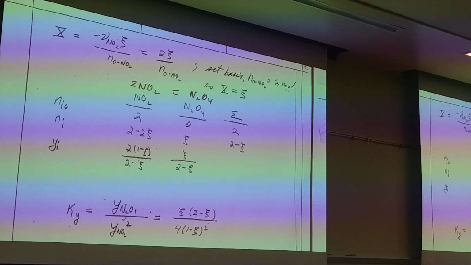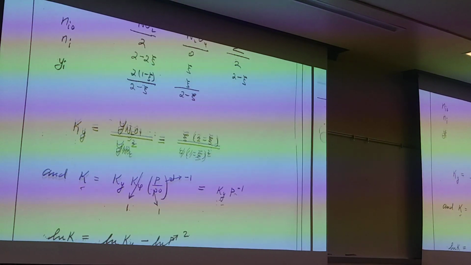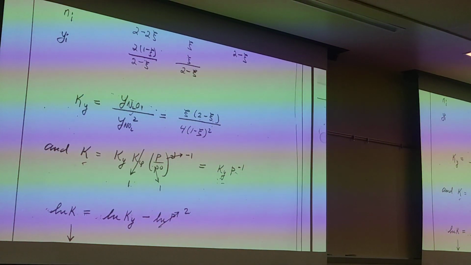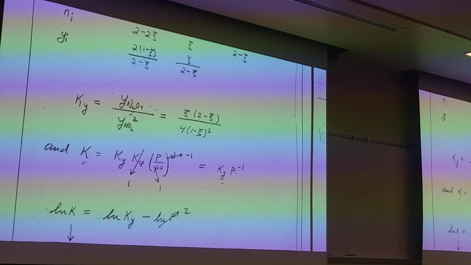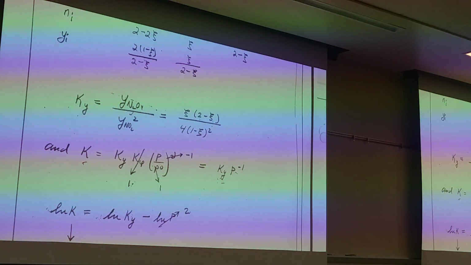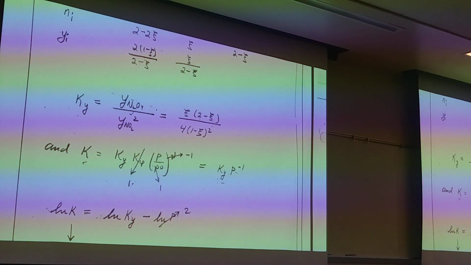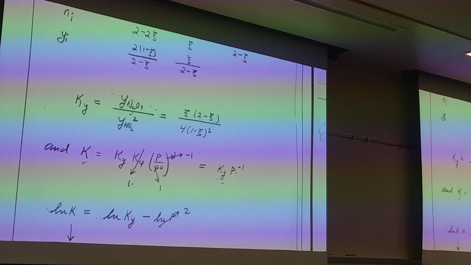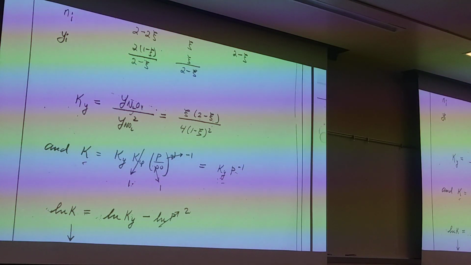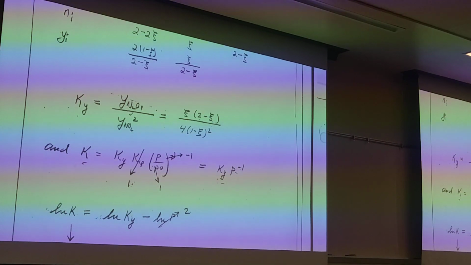There it is, pretty simple. Write down the expression for KY, and then decompose it. The stoichiometric evaluation here is KY times KV. We're taking that as 1, assuming ideal gas behavior. And then we've got the stoichiometric coefficient here is -1. So K is equal to KY times pressure here to the exponent -1.